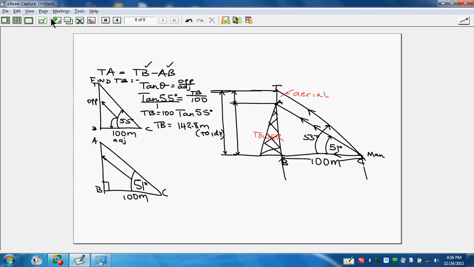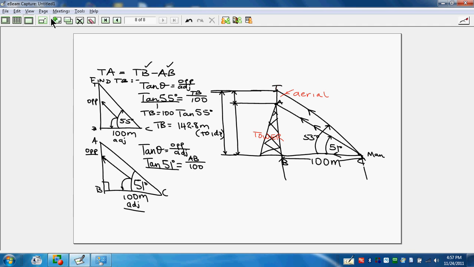So we'll use the fact that AB is opposite and BC is adjacent. And we know that the ratio that connects opposite to adjacent, that is what we want to find, so what we know is tan. So we'll use tan again. Tan theta is opposite over adjacent. So in this case, tan of 51 degrees now will be equal to opposite, which is AB, over adjacent, which is BC, 100 meters.